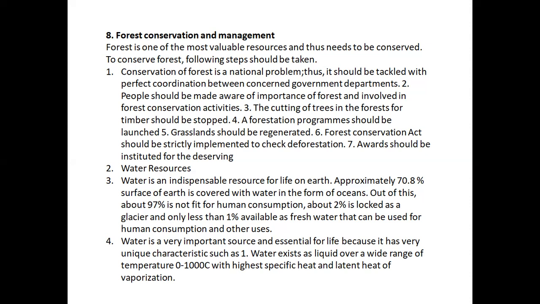Fourth, an afforestation program should be launched. Fifth, grassland should be regenerated. Sixth, the Forest Conservation Act should be strictly implemented to check deforestation. Awards should be instituted for the deserving authorities or the deserving candidates.